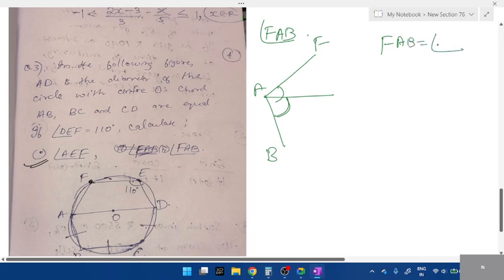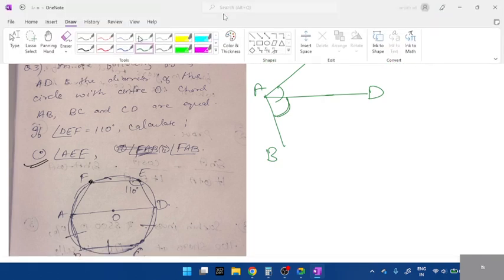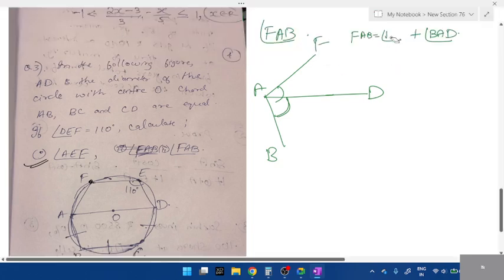What are the two angles? Oh, O is the center. So FAD plus BAD, right? Or you can take FAO also, students. You can take FAO.